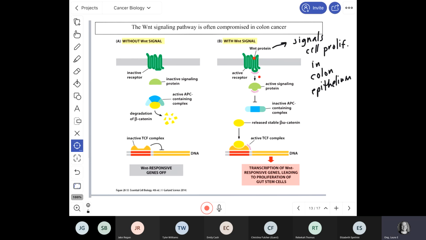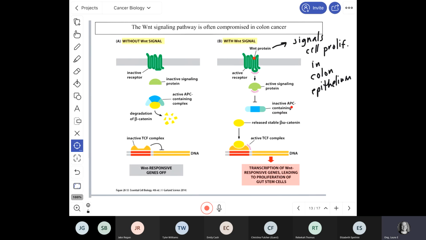So there's a lot of stuff in this pathway that relates to G alpha, G beta gamma, and some of those in between steps that then are going to activate a particular signaling protein to block this complex that contains a protein called APC.